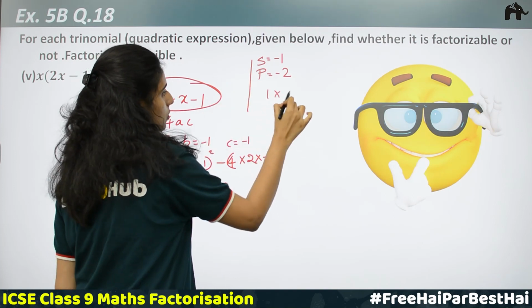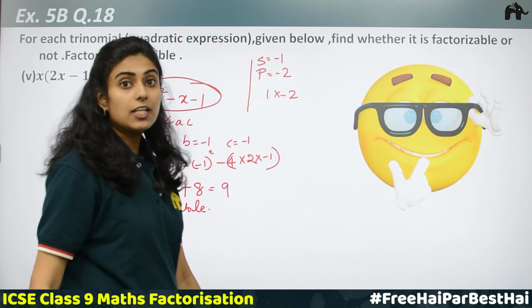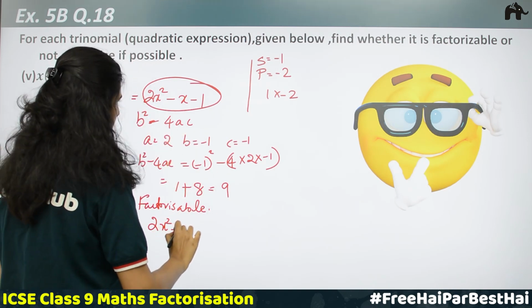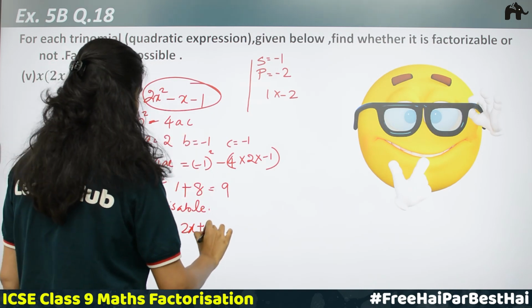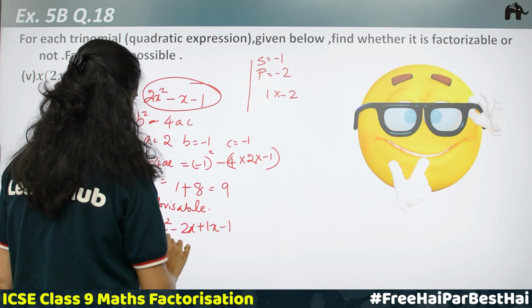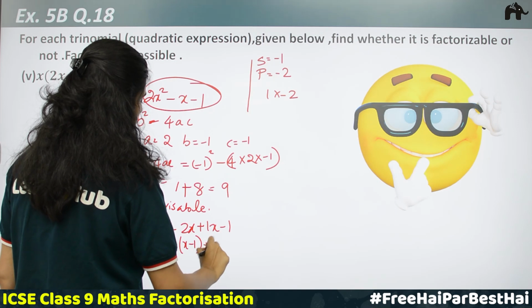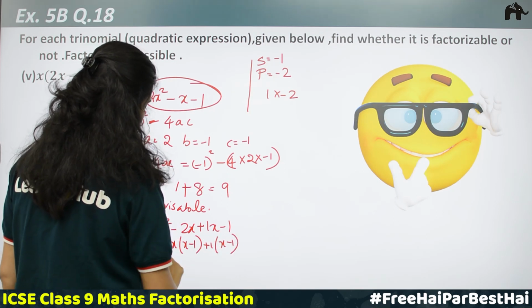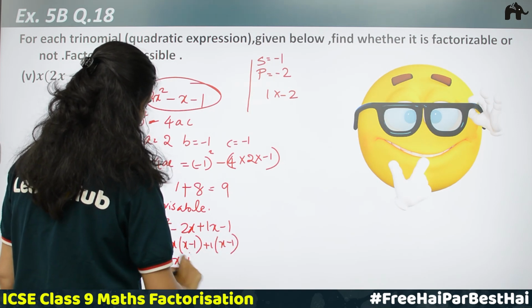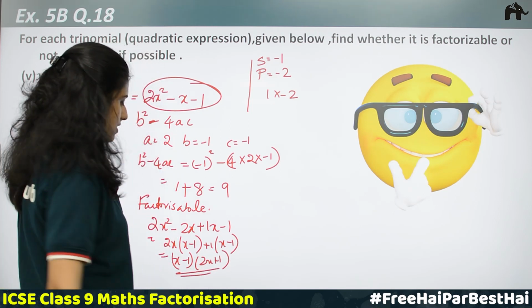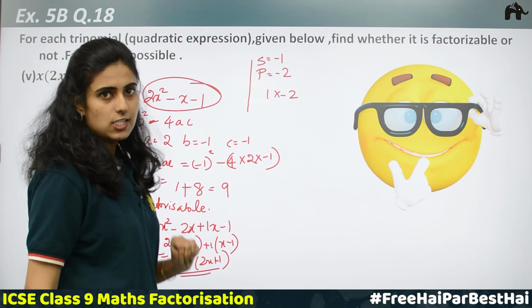So, 1 into 2, that is 1 into minus 2. So, this becomes 2x square minus 2x plus 1x minus 1, that is equal to 2x into x minus 1 plus 1 into x minus 1, that is x minus 1 into 2x plus 1. So, these are the factors, 2x plus 1 and x minus 1.